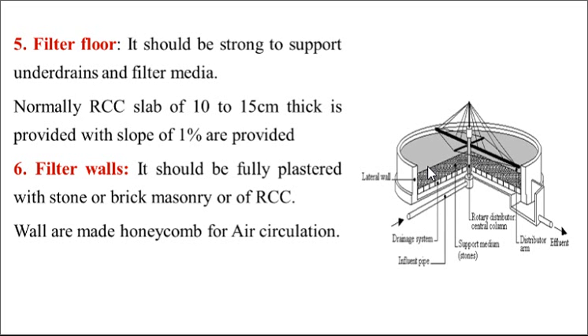The last component of trickling filter is filter walls. The side walls are called filter walls. They should be built of stone or brick masonry, or sometimes RCC construction. Walls are made honeycomb for proper air circulation inside the trickling filter.